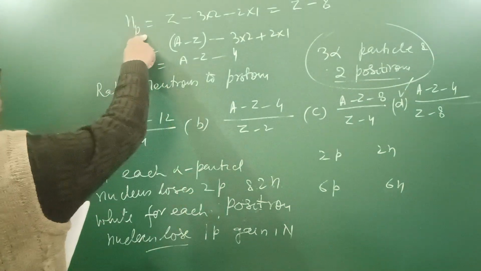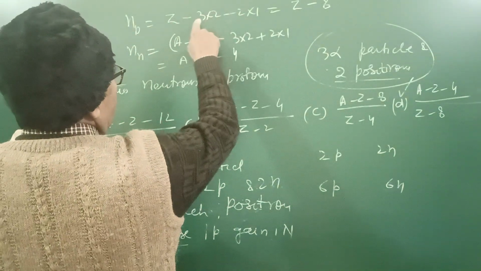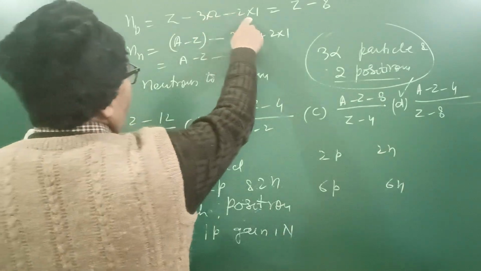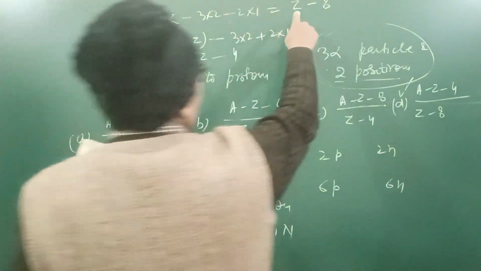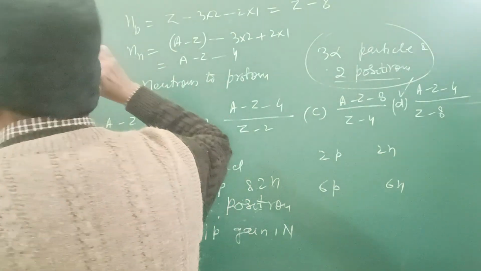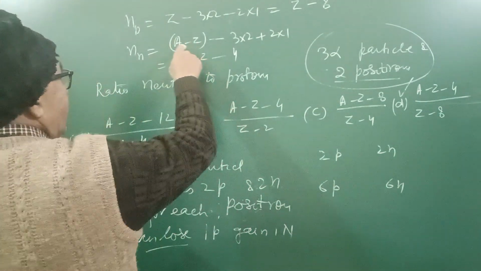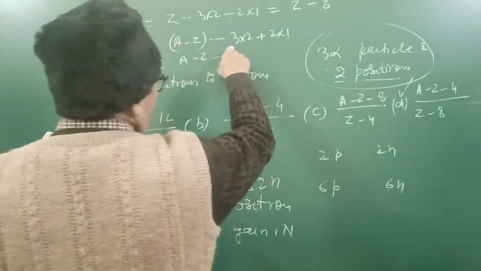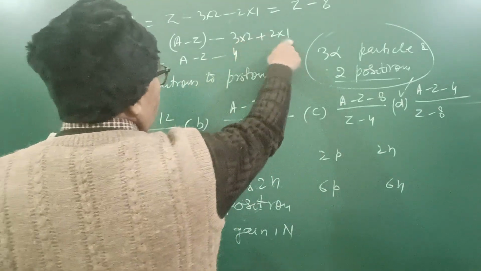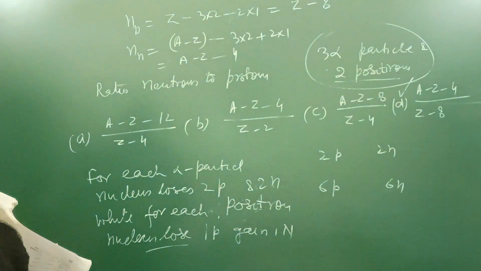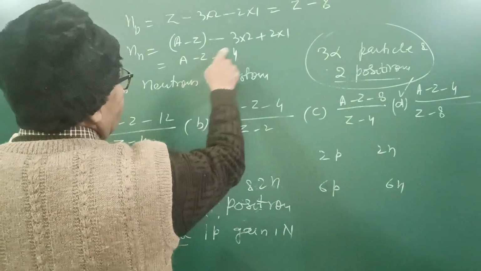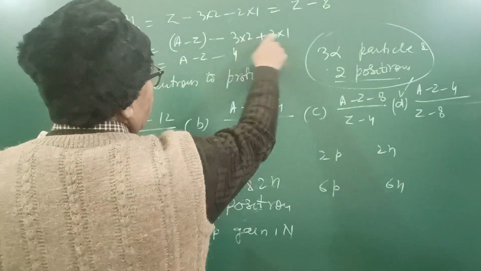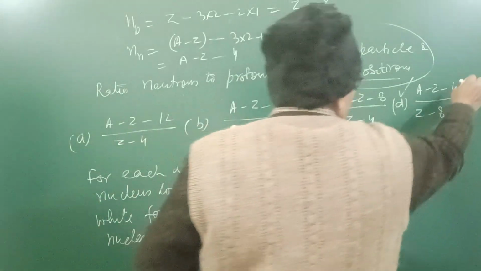So the number of protons will be Z minus 6 and minus 2 protons lost, so Z minus 8 protons remain. Neutrons were A minus Z already, 3 into 2 is 6 lost, 2 into 1 gained. So it becomes A minus Z minus 6 plus 2, which is 4. So this option is correct.